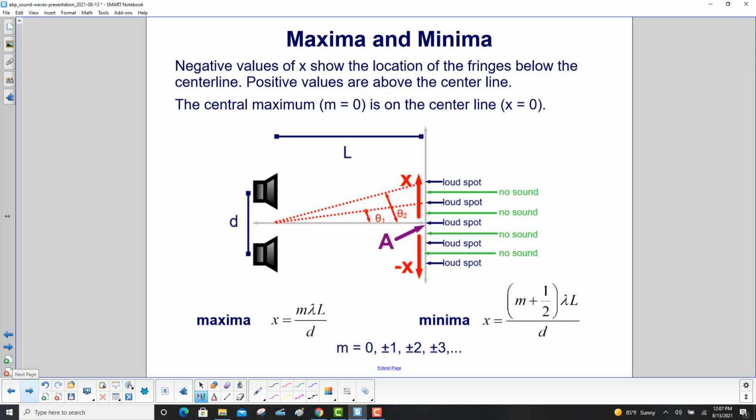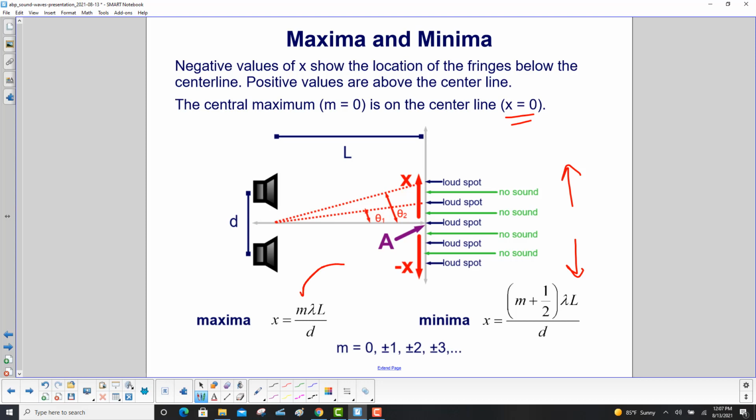And this summarizes what we said on the previous slide. The negative values of x show the location of the fringes. Fringe is another word for loud spot or no sound, below the center line. Positive values of m are above the center line. The central maximum, m equals 0, is on the center line where x is equal to 0.